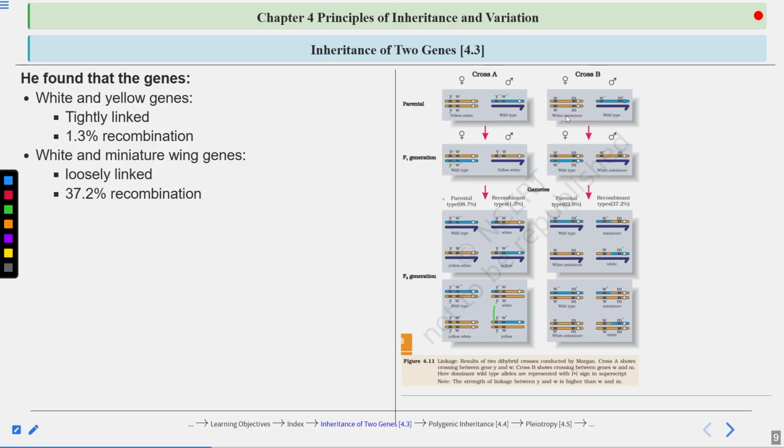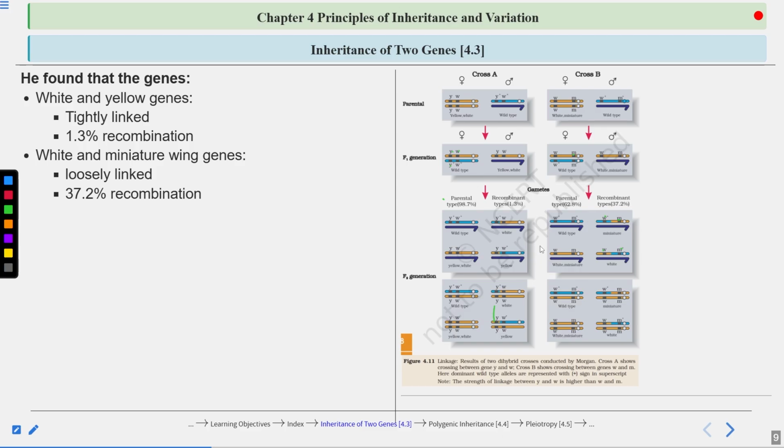Similarly, in cross B also, you should make the gametes first, then you can make the F1, then you will get the F2 generation, then you can show recombination here. So these are the recombinants. The recombinants will be W and M positive, and another one will be after recombination W positive and M. So W positive and M, and W and M positive.